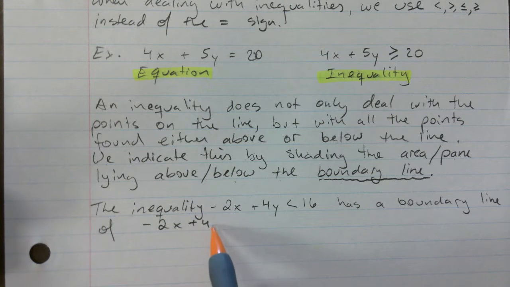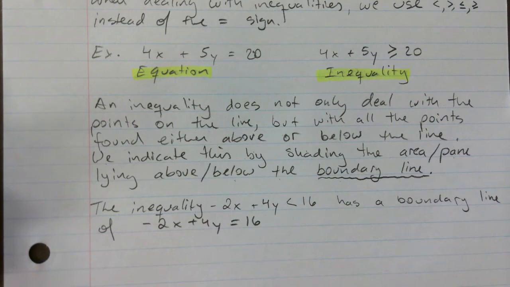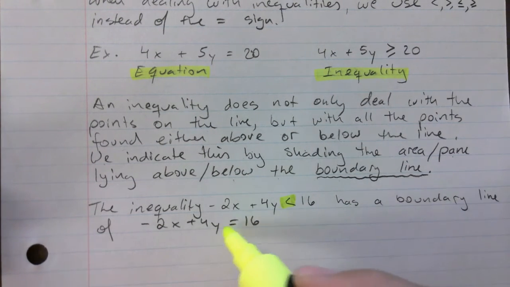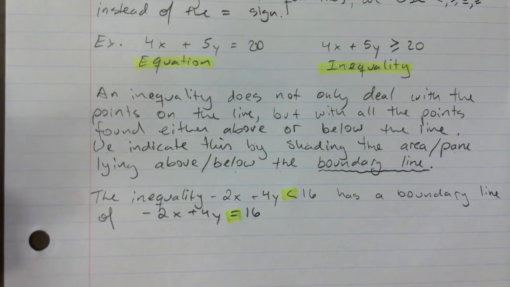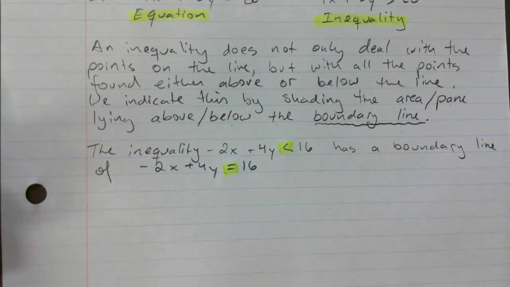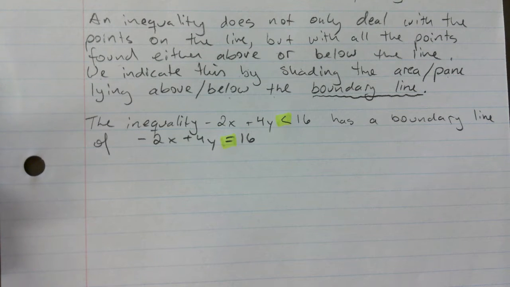It's the same one, except we're going to replace the inequality with an equal sign, right? So this is the inequality, which has a boundary line, which is really just the linear equation with an equal sign. Okay.